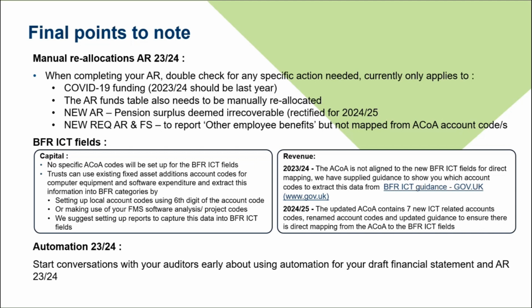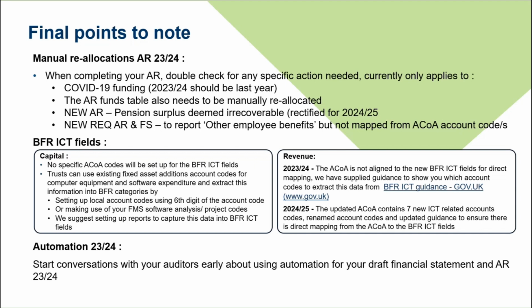Again, just a note here around the new BFR ICT categories. We haven't added any new account codes for the capital area, and the reason for that is that we would have to add an incredible amount of account codes to make that work. And actually, there also isn't physically the room within the Academy chart of accounts to do that.